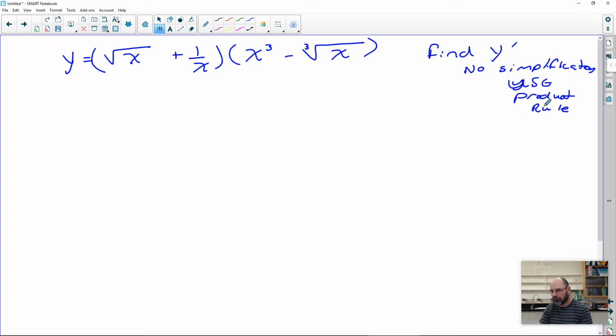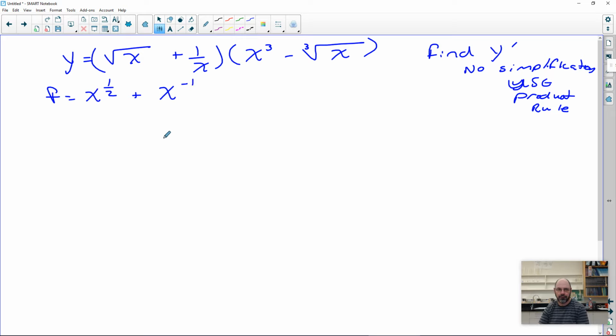Maybe I'll make a video of me simplifying some complex ones if you're interested, because that's what the university level will be, where you have to go right down and simplify everything with all the rules of algebra. So let's say f equals, let's rewrite this, x to the 1/2 power plus x to the negative 1.